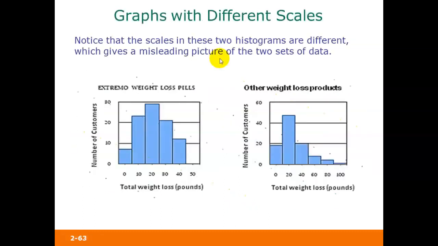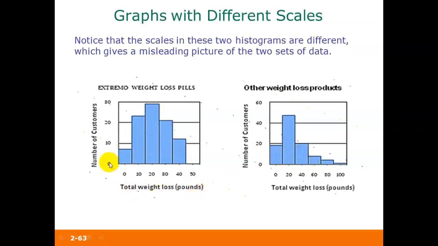Using graphs with different scales is another way to give a misleading picture of two sets of data. Here we have two graphs, one for Extremo weight loss pills that shows the total weight loss in pounds of their customers. The other graph is for other weight loss products. Looking at the two graphs, it appears that much more weight was lost with Extremo weight loss pills than with other weight loss products.